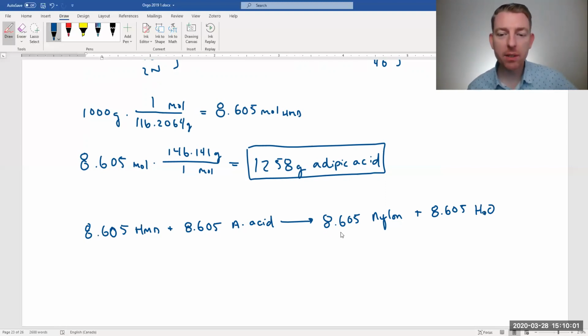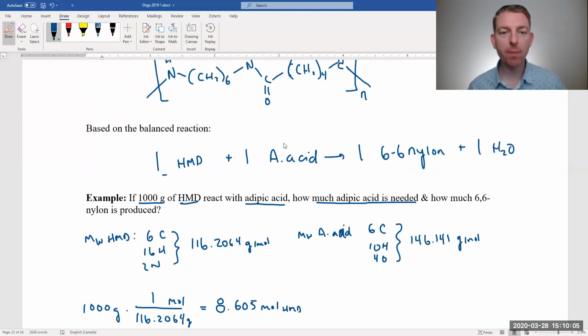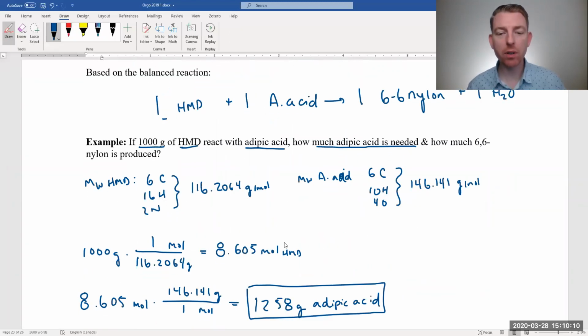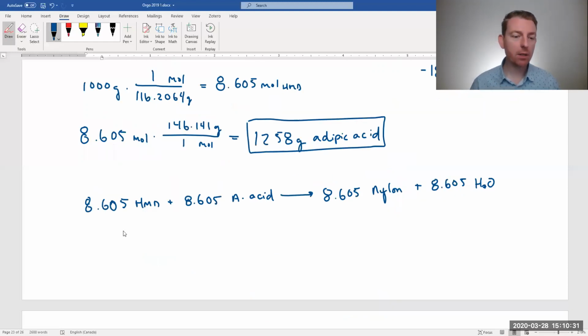We want to know the mass, so either you need to know the molar mass of the repeating unit, which is a bit of a beast. You could also just sum the two masses together and subtract the 18.015 grams per mole for water. Or, and this is what I would kind of prefer to do, you just use the mass.